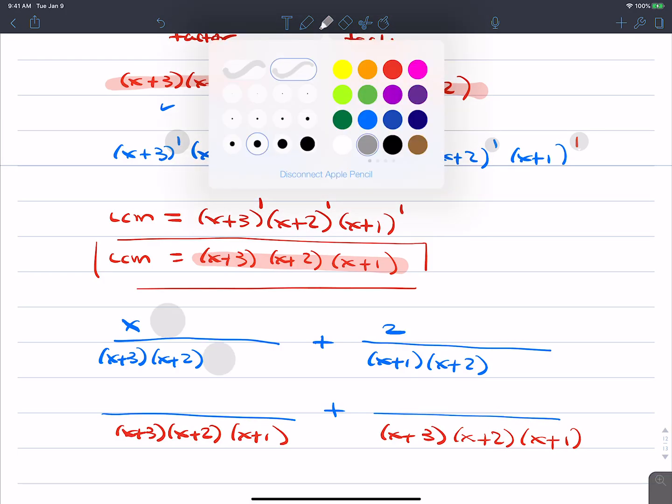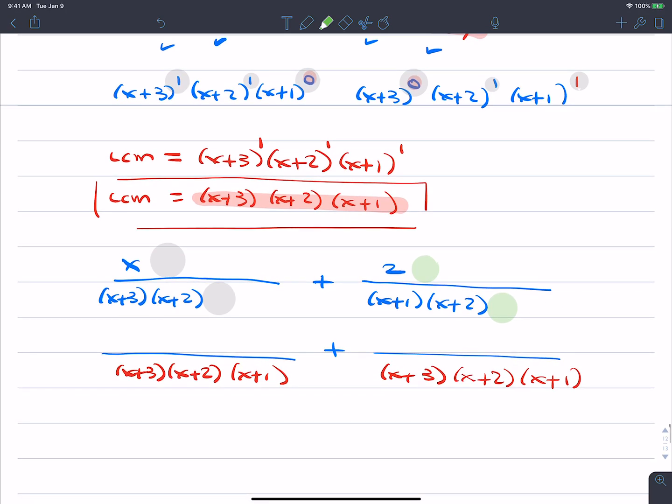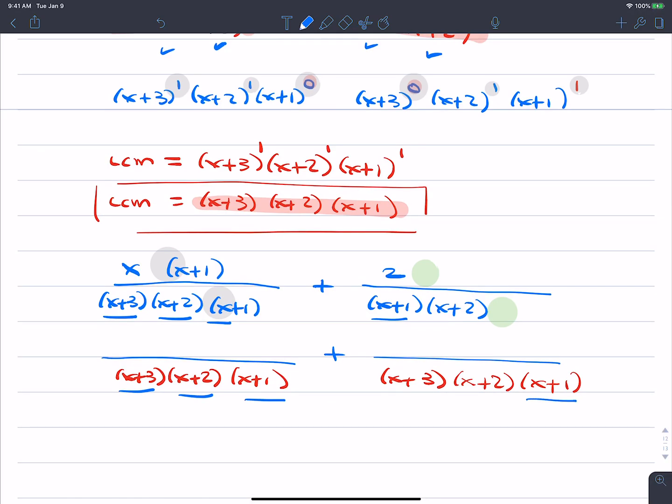So we need a term to multiply to both numerator and denominator so that my denominator looks like the LCM. Here we go. X plus 3 is down here, x plus 2 is there. What is missing is the x plus 1 term. For the second, x plus 1 and x plus 2 are there. What's missing is the x plus 3 term.